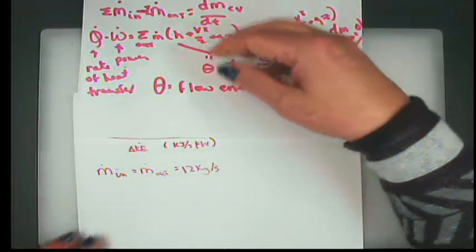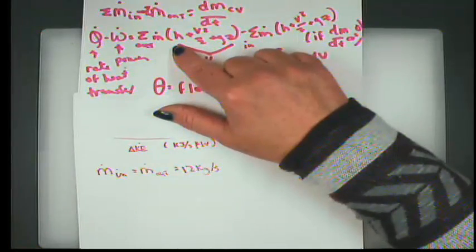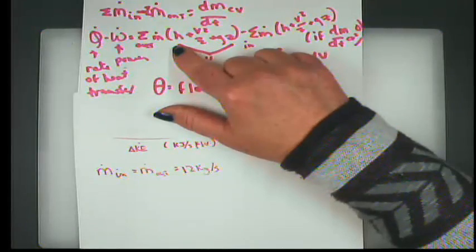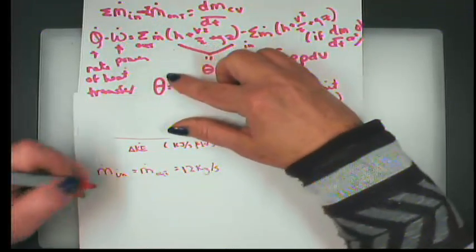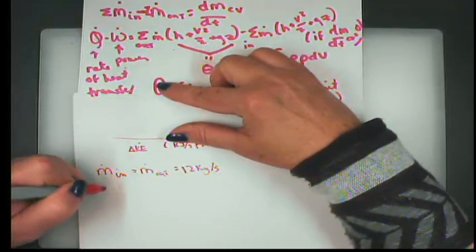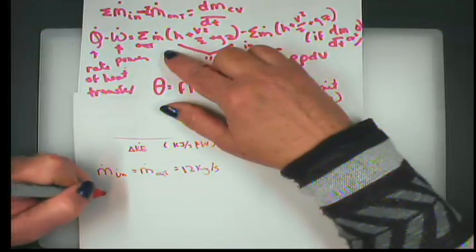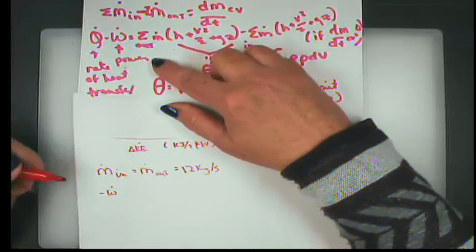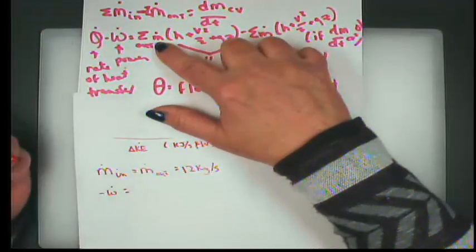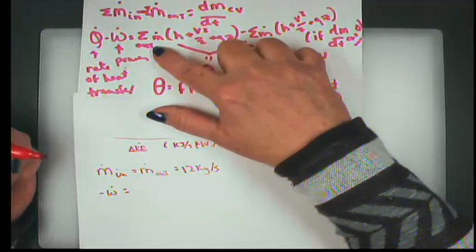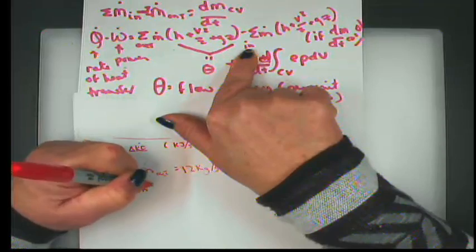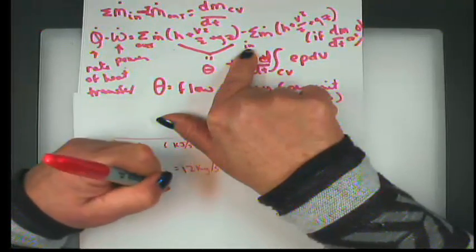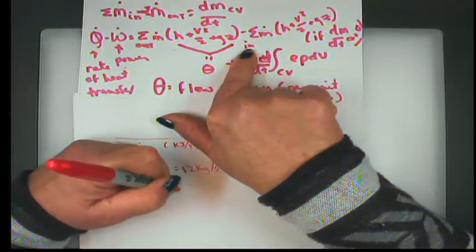Now, as far as the energy, the statement of the first law of thermodynamics, we are also told that Q dot is equal to 0. So we know that negative W dot, which is the power, is equal to, and we don't have a summation, just a single outlet and a single inlet, m dot times h plus V squared over 2.